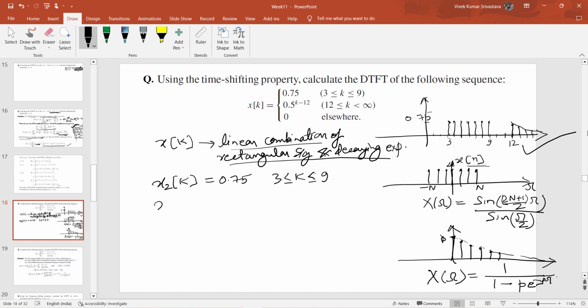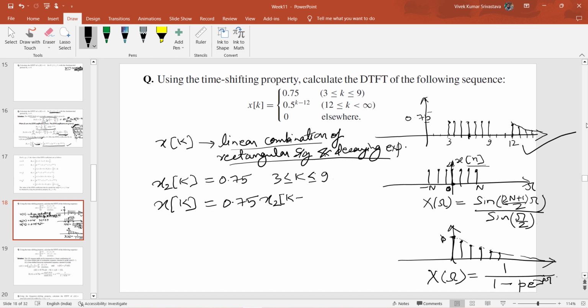So x1 of k is basically defined as 0.75 times x2 of k minus 6. Here, if you can see, the midpoint will be 0, that is, it starts from minus n and goes up to n, having a mid value at 0.